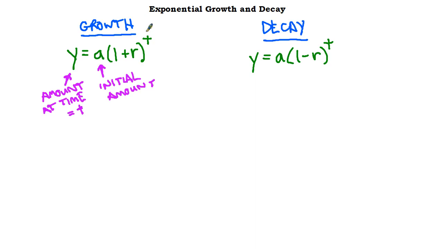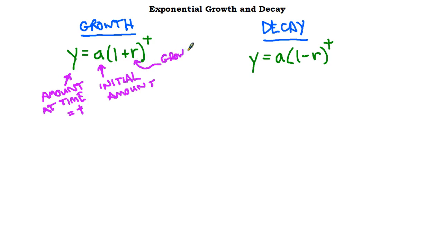In other words, if we're given a certain amount of time, like 5 years or whatever, and we're given the initial amount and the growth rate, r, oh, oops, we better nail that one down too. This r right here, that guy is known as the growth rate.